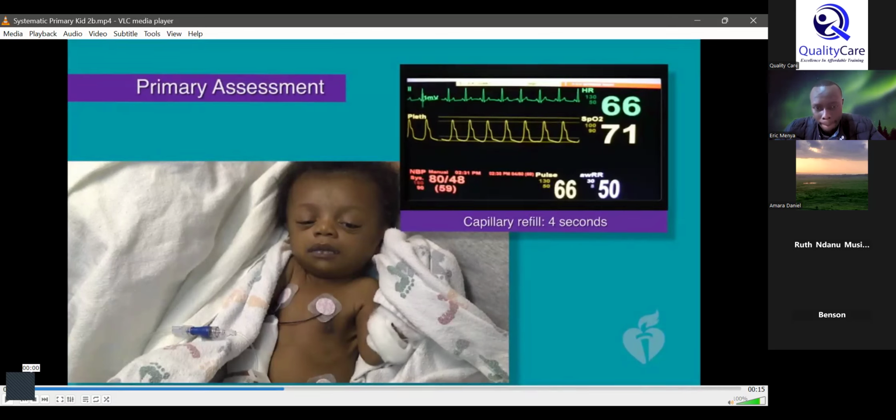We look for capillary refill. It's 4 seconds, so it's slightly prolonged. Then we look at the pulse rate. I can see the pulse rate is written to be 66. If we're dealing with an infant, pulse rate, we anticipate it to be between 100 to 180. So we have a low pulse rate. So what are we dealing with there?